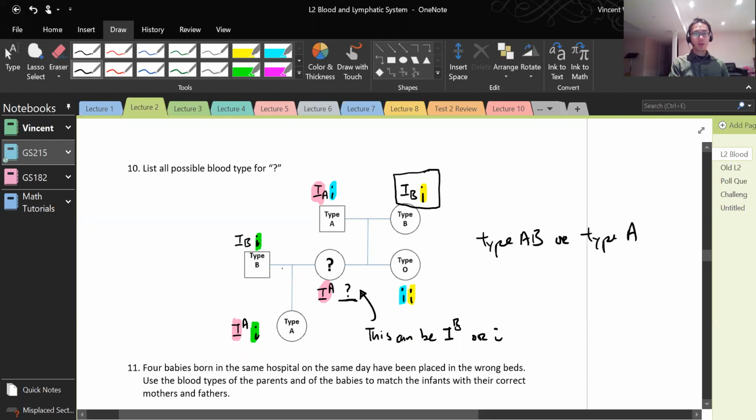What about this? What if they have another kid? Let's say they have a son this time, and this is a type B son. Will we know for certain then? If they have another kid and it's type B, will we be able to tell whether the question mark is AB or type A now?